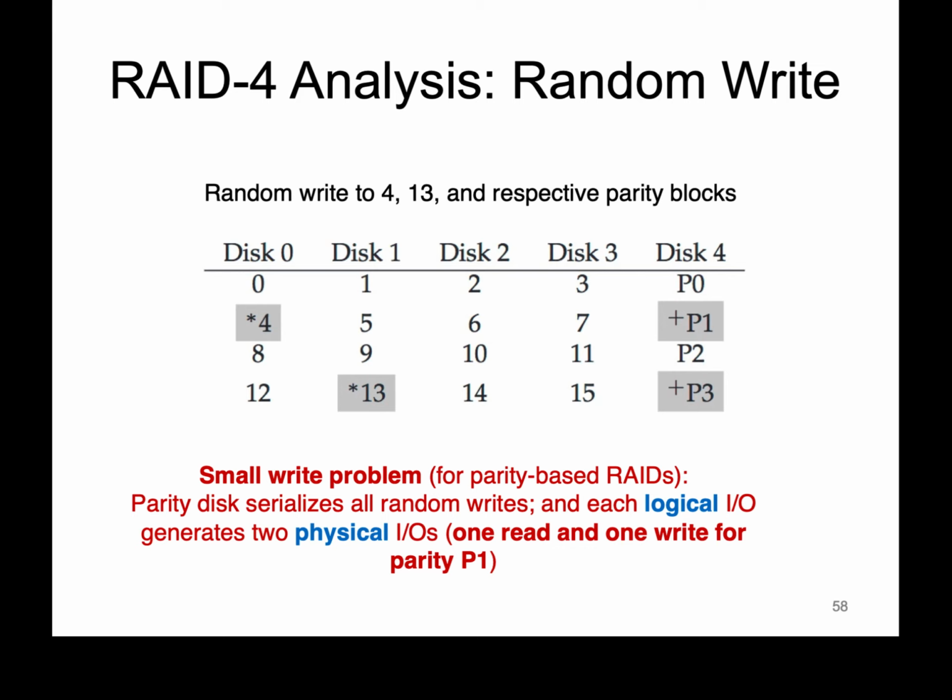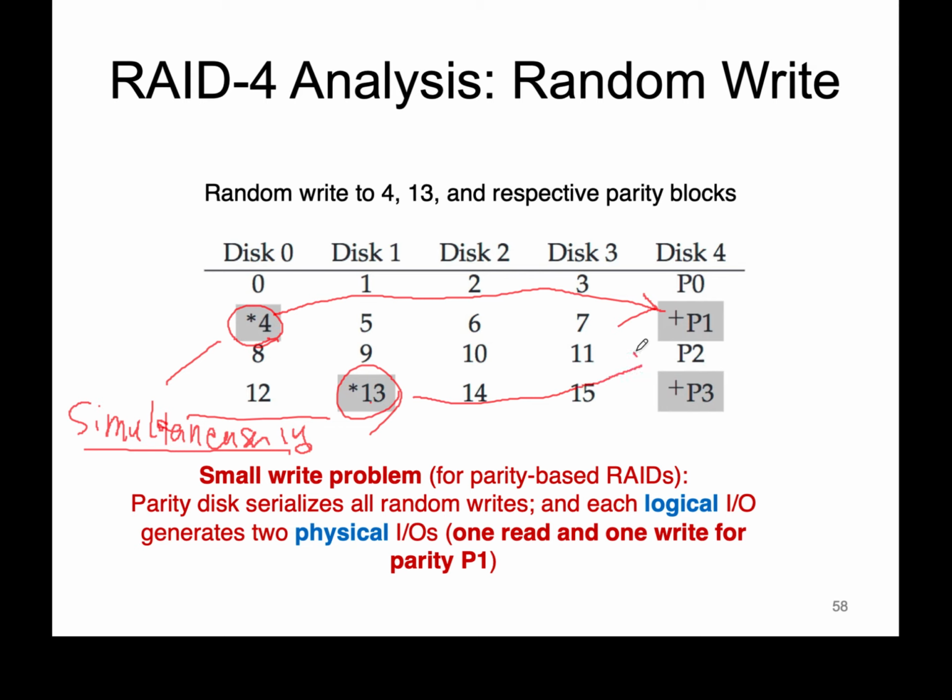Let's say we have random writes that are hitting logical block 4 and 13. Even though these two can happen simultaneously, concurrently, both of them effectively get serialized because we have a single parity disk.